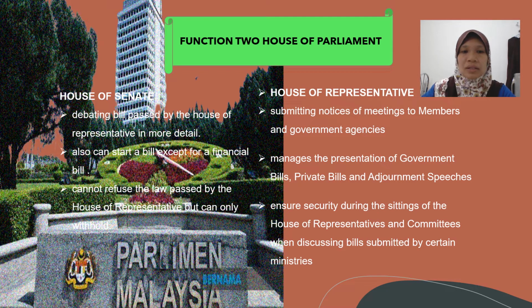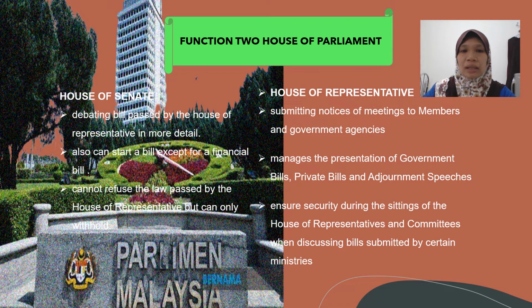House of Representatives. There are several functions to manage the proceedings of the House of Representatives, such as submitting notice of meetings to members and government agencies, preparing other papers, processing and editing questions for oral and written answer, as well as preparing meeting minutes, votes and meeting travel.